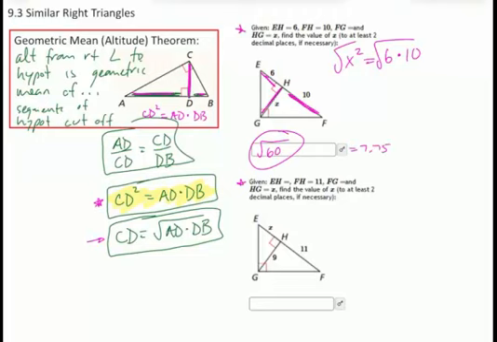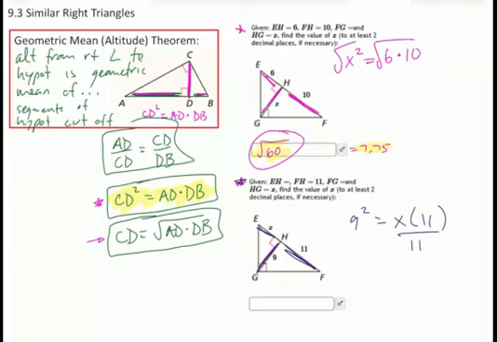The calculation can be used to enter your answer. The second problem is the same idea, but a slightly different piece of the problem is unknown. It's the same relationship. When you draw your altitude from the right angle to the hypotenuse, that squared equals the product of the two segments of the hypotenuse that are cut off, so x times 11.